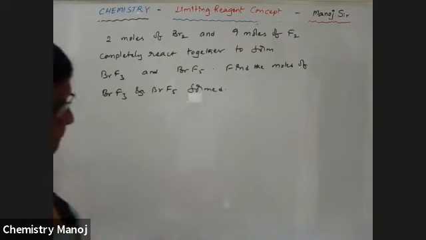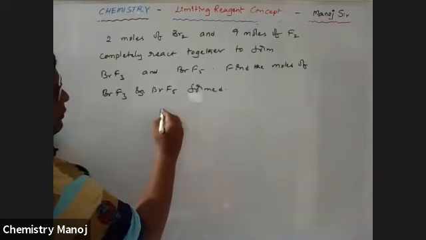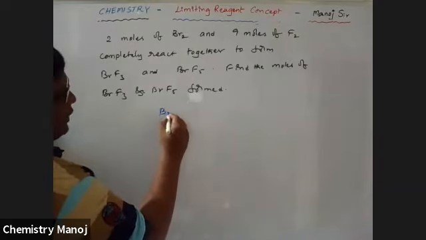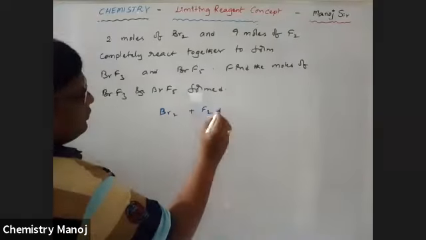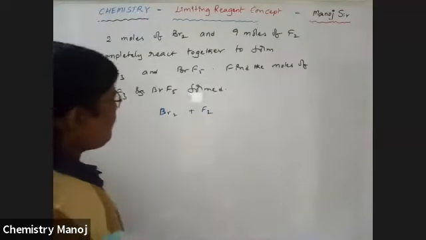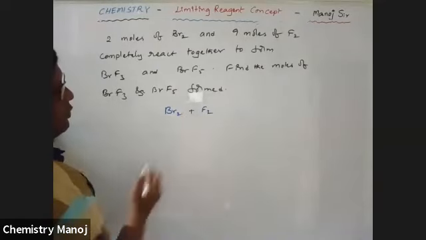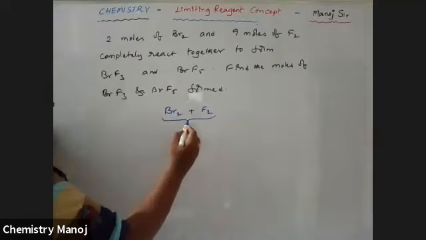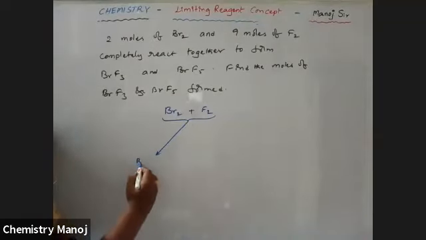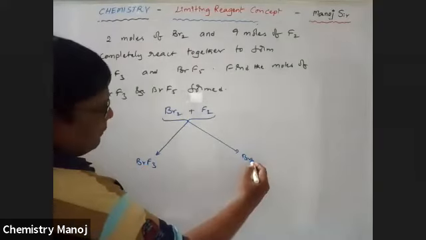See here, bromine Br2 and F2 react together. That gives two different products: one is BrF3 and the other is BrF5.